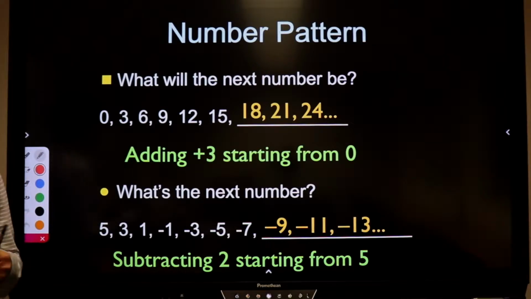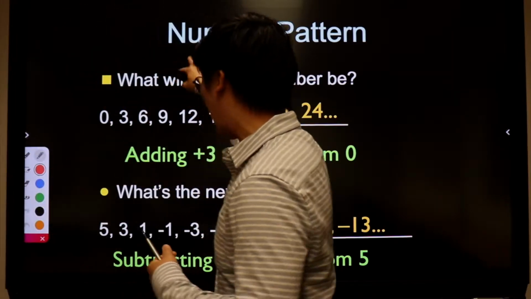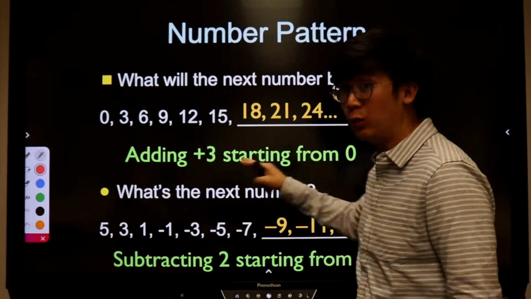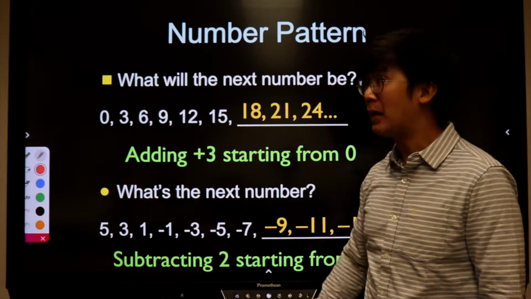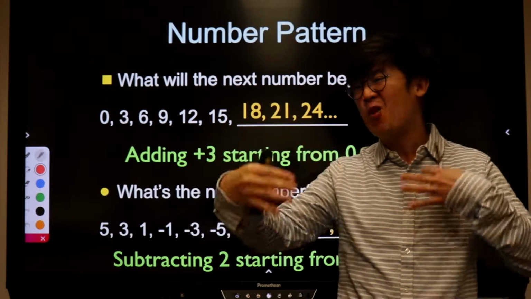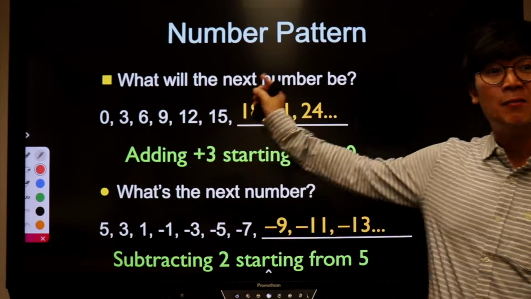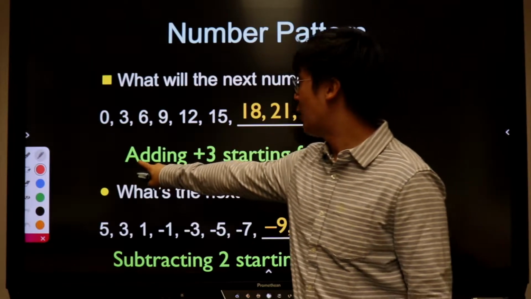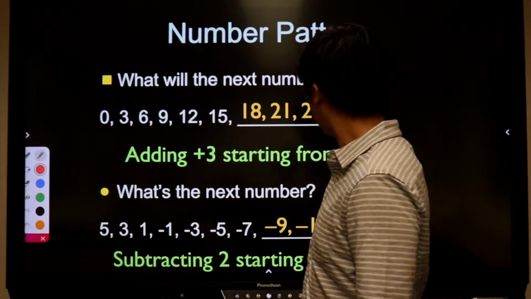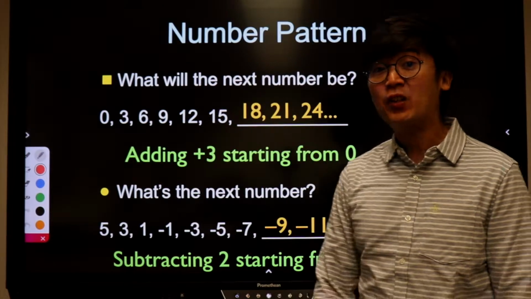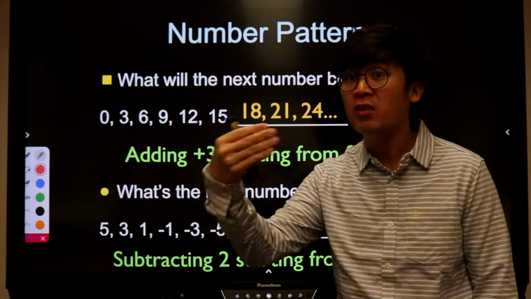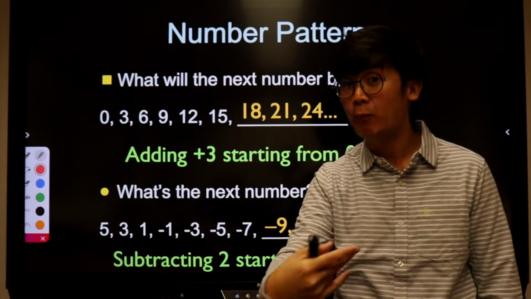So in mathematics, it needs to be in a form of a pattern, and when you are working with rules and pattern, it needs to be described in a more systematic way. And the system that I'm showing you here is that we need to start somewhere, and then you need to know what is happening on the succeeding numbers to be able to come up with that pattern.